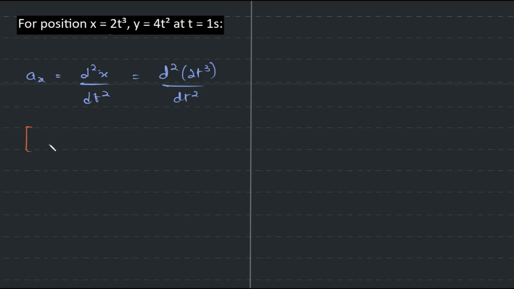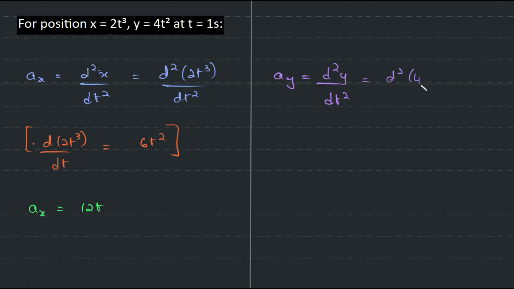So first thing is, let's look at single differentiation of this particular expression. This will be 6t square. Okay, and therefore your double differentiation will look like 12t, right? 12t. Yeah. Similarly, we have ay. And this is 4t square.